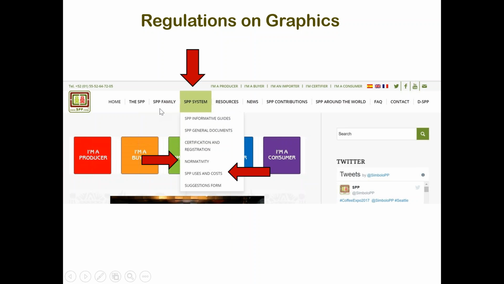If you go to the website, you go to the SPP system, and you can see in SPP user and cost the regulation on graphics, and you can see in the normativity the criteria for the descriptors.